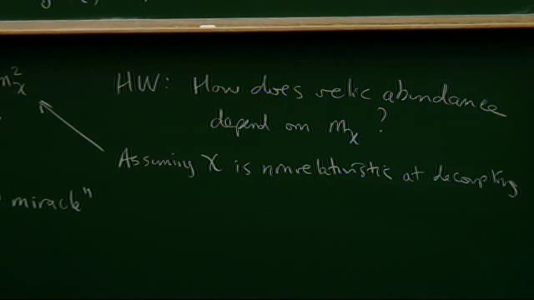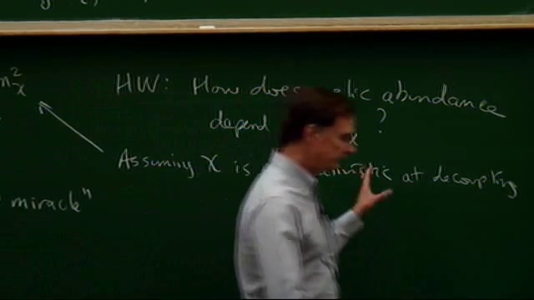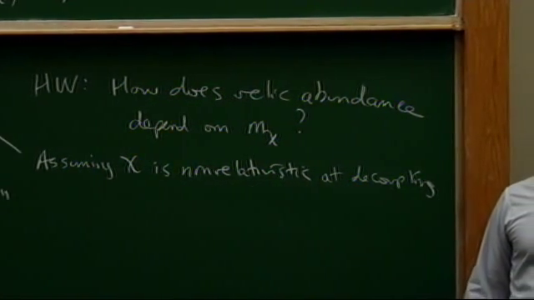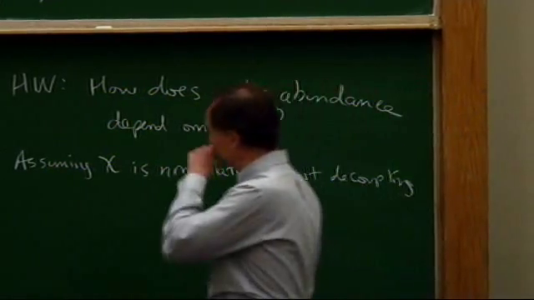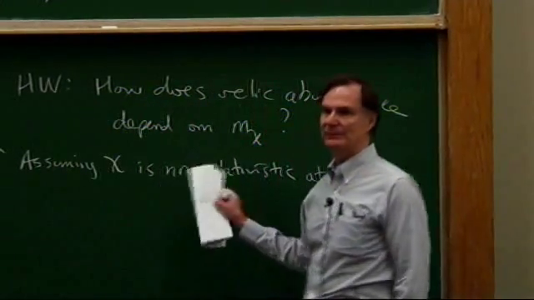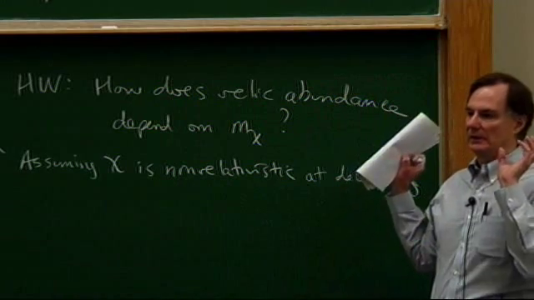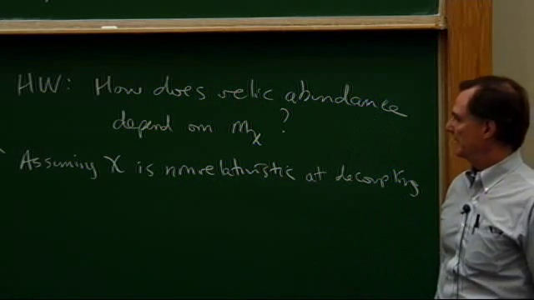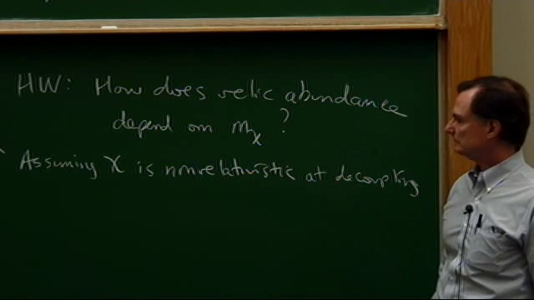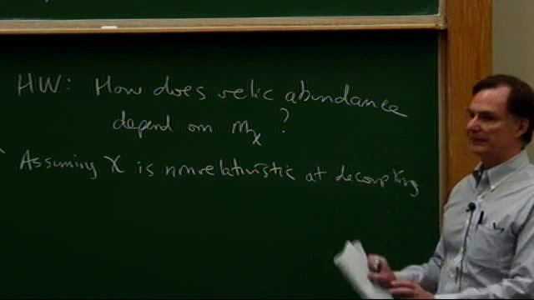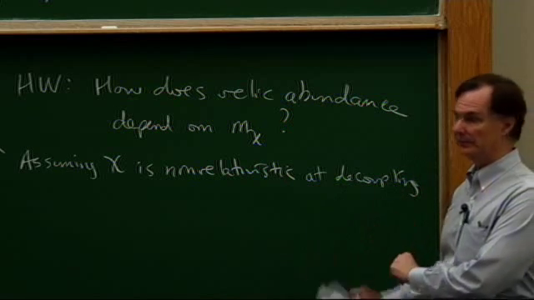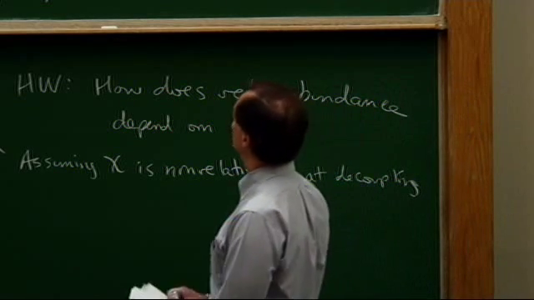And another thing that follows: if the chi particle decouples kinetically from the plasma, and I've talked about only chemical decoupling here, if it decouples kinetically, which in fact happens around the same time, then the momentum distribution will be the non-relativistic Fermi-Dirac distribution at that time.